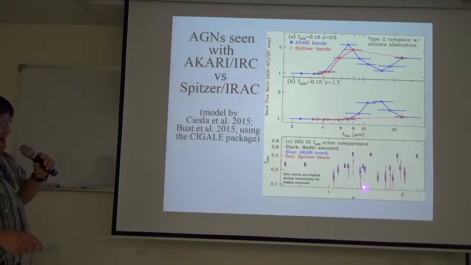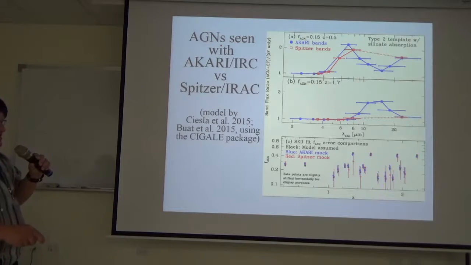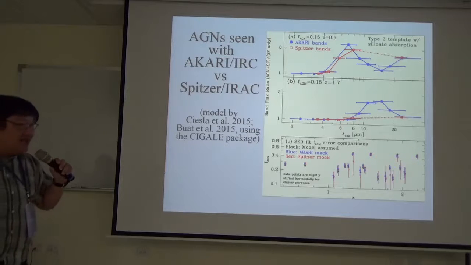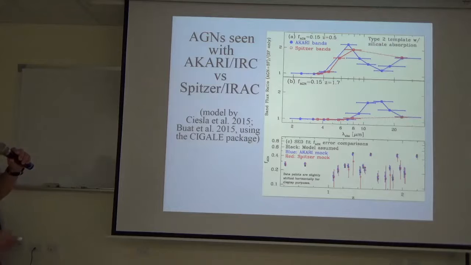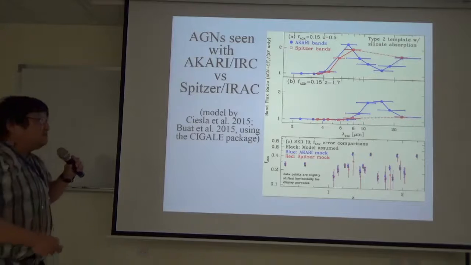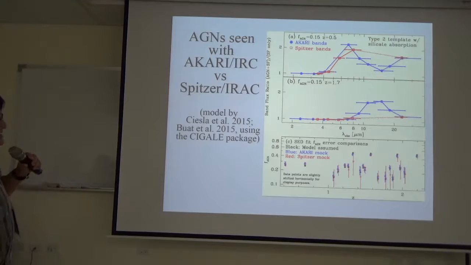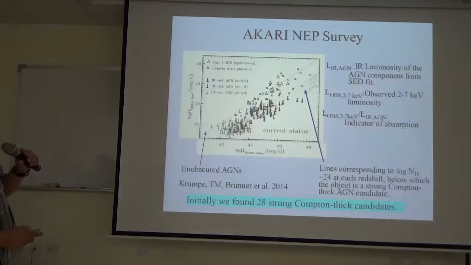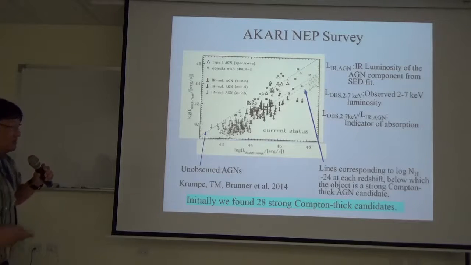Red are the error bars observed with Spitzer, and the blue ones are observed by Akari. Actually, I tried to use it in my newer Chandra proposal, but unfortunately didn't get more time. But for the moment, we made some tests.